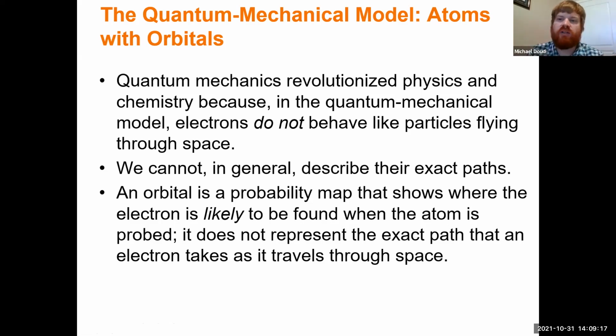It's not like a baseball, the way you can think about it. Instead, it's like a baseball that can turn into a wave and then show up in a random spot. So again, this orbital is going to be a probability map, and it's going to show where an electron is likely to be found when you look at an atom.